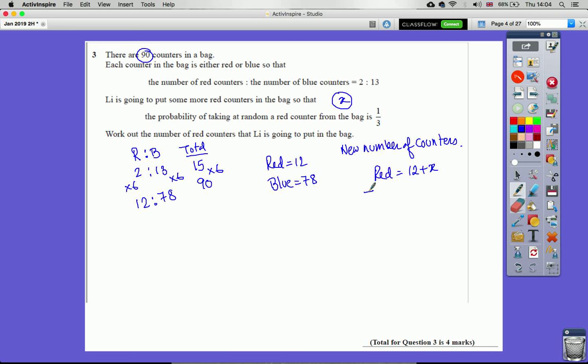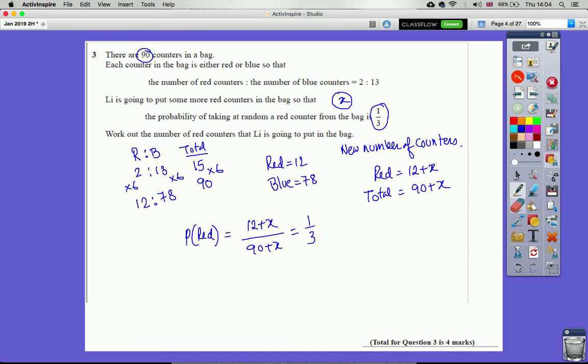The total is going to be 90 plus X, because there were 90 counters in the bag and I have put X counters in the bag. So if I say probability of red is 12 plus X over 90 plus X, that will give you 1/3, because it says the probability is 1/3.